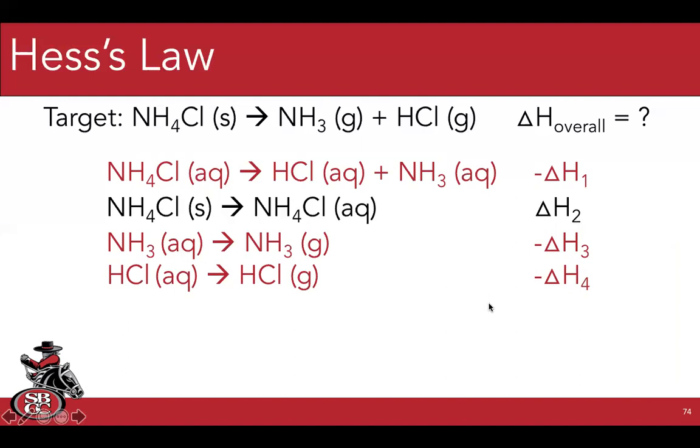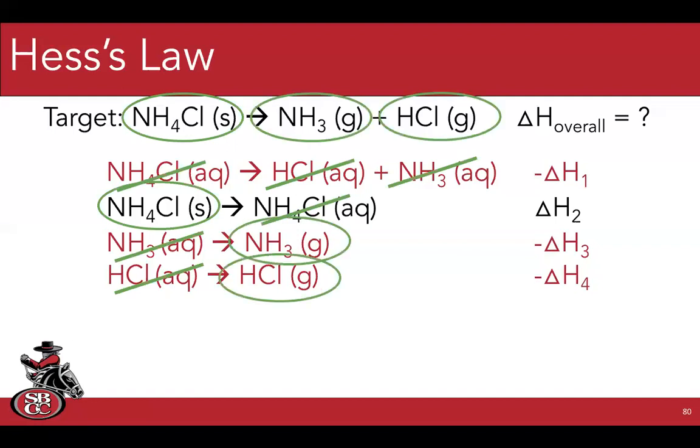And then if we've done all of our math correct, Hess's law says that, I'm sorry, we're going to cancel out anything that's both on the product and reactant side. So like the aqueous ammonium chloride, the aqueous hydrochloric acid, the aqueous ammonia, and then we can see that we have only what we're looking for, the solid ammonium chloride on the reactant side and the gaseous ammonia and the gaseous hydrogen chloride on the product side.